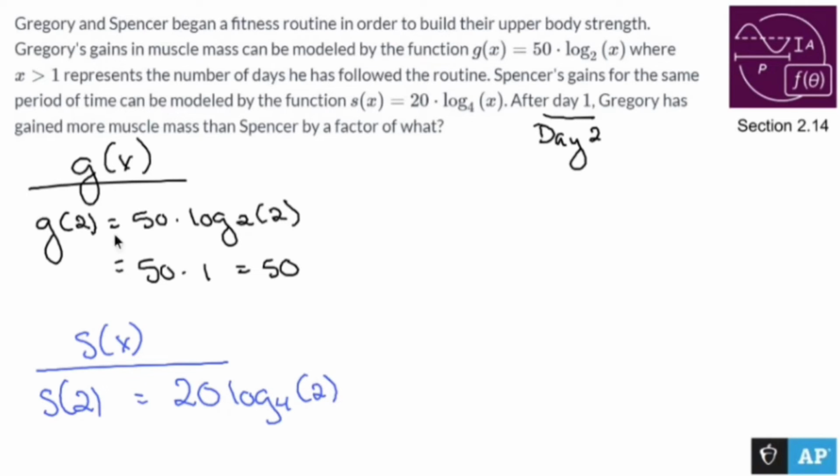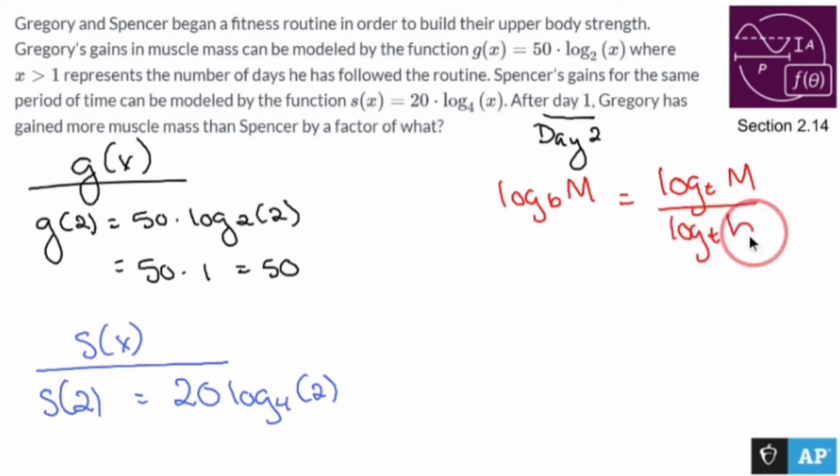I could use the fact that there exists a little guy called the change of base formula. The change of base formula says, actually, let me start it over here. If I have log base b of m, I can turn this into log base whatever I want. So log base t of m over log base t of b.